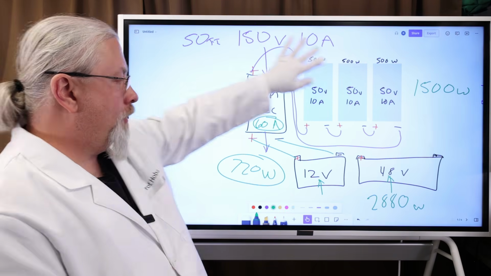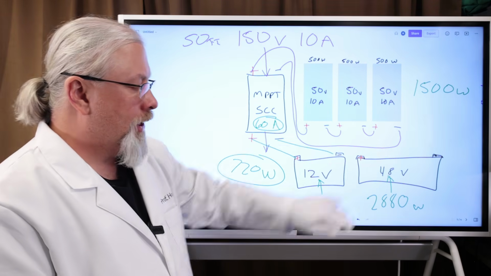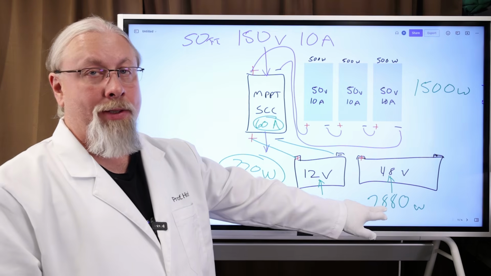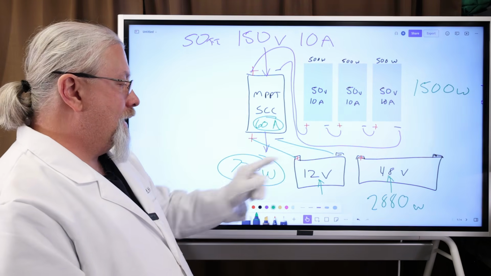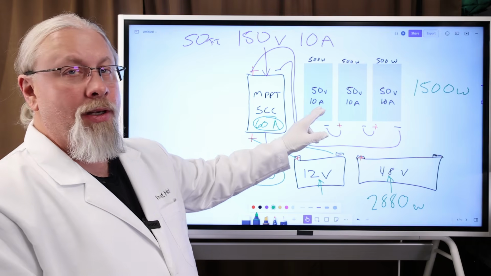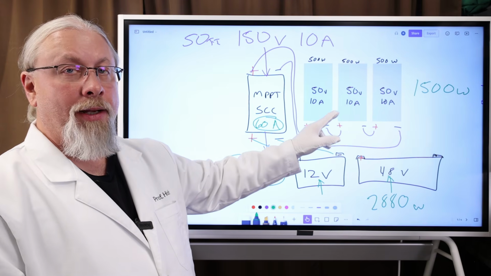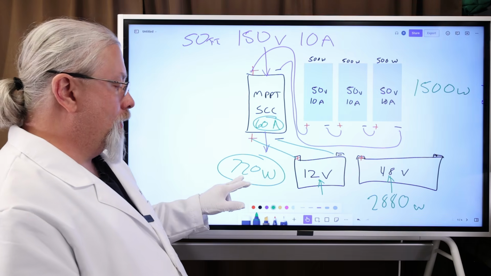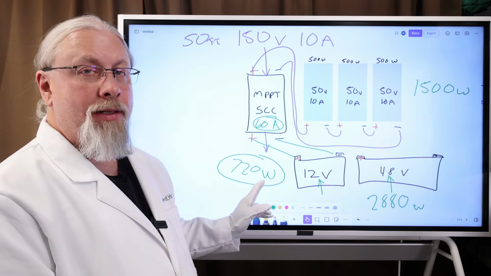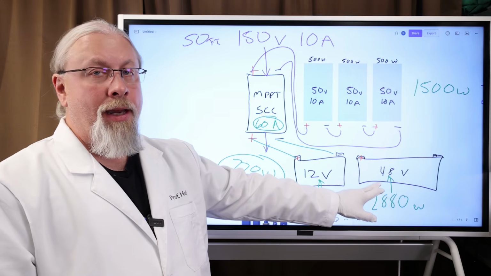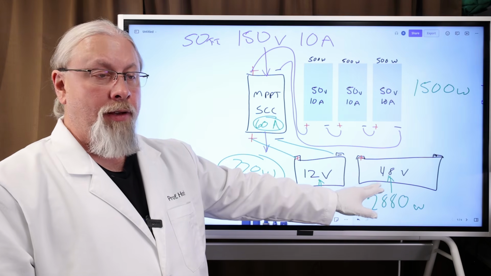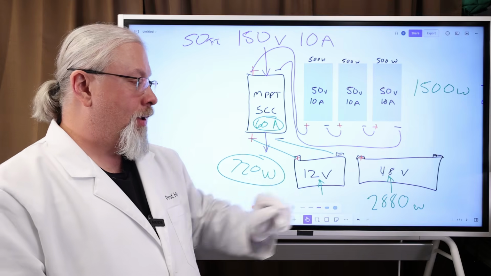So all your 1,500 watts will go in and go into your 48-volt battery with room to spare, because you can pull as much as 2,880 watts into that battery with a 60-amp controller. In this case, you could add more solar panels, where in the old case with the 12-volt battery, 720 watts is the maximum no matter how much solar you provide. So it's always better, if possible, especially if you're running a larger inverter, to go with 48 volts.